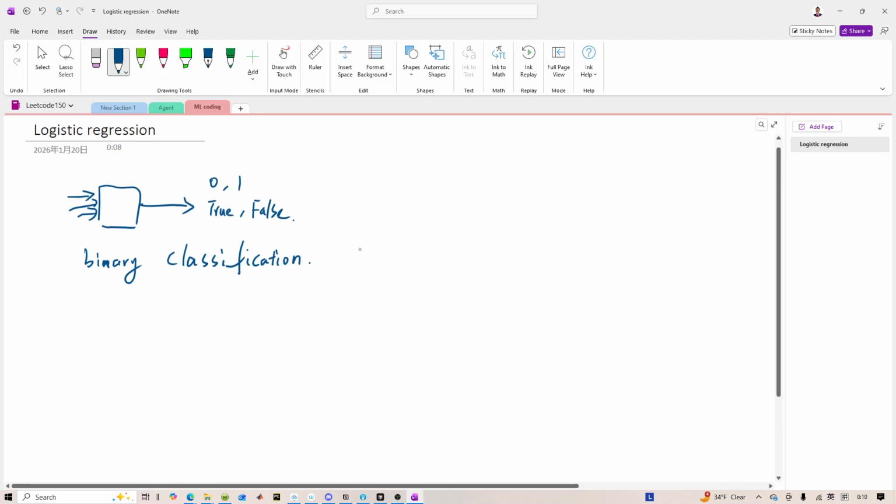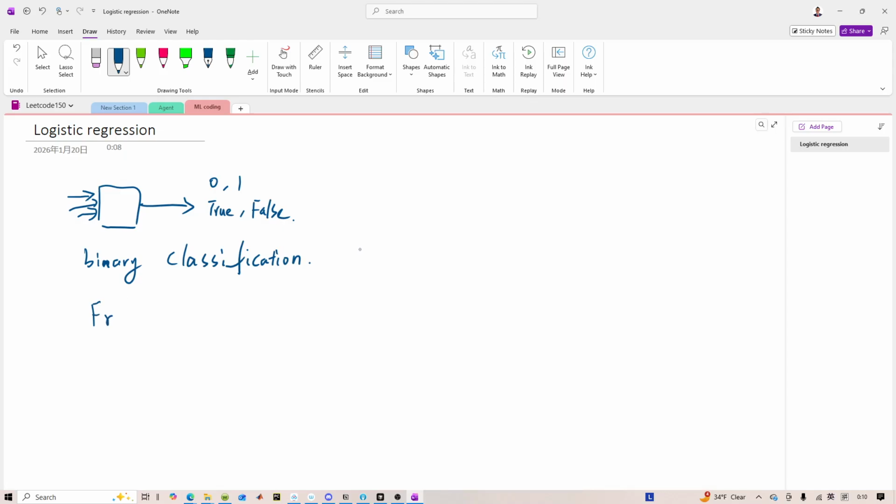It can be used for fraud detection, for example, where you can tell if it's a fraud or not, or it can be used for detecting a disease, if a patient has a certain disease or not.